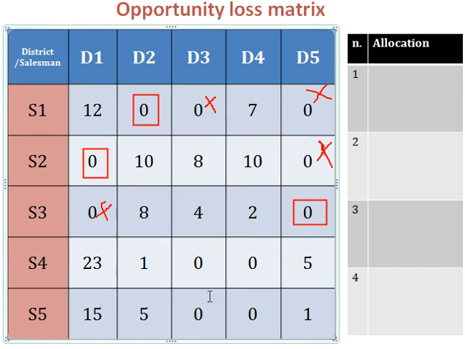The next possible minimum number of 0s is if we allocate here. Now we have these two in a similar position, so arbitrarily we are going to make the allocation over here, then you cannot make an allocation over here or over here.